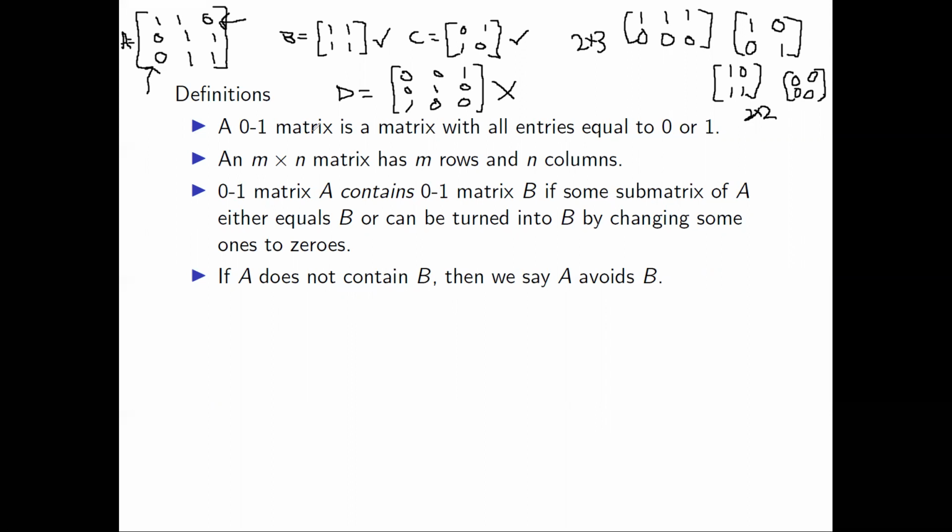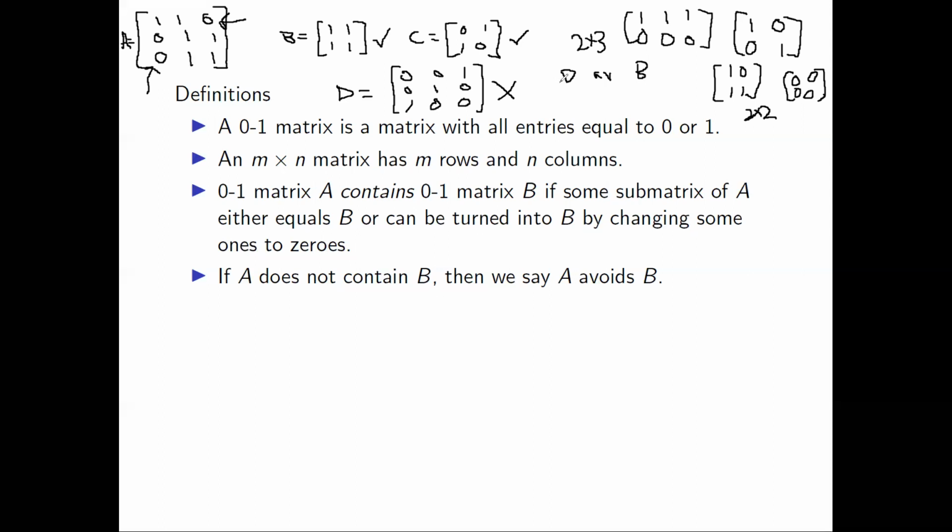We can also see, if we look at this D right here, we can say D avoids B, because no submatrix of D is equal to B or can be turned into B by changing some ones to zeros.